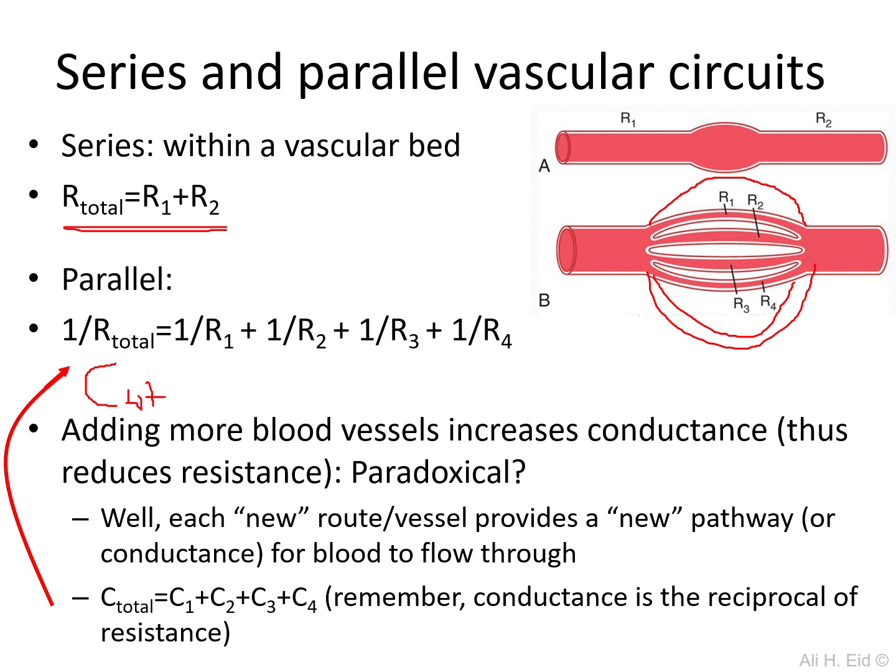Yes, each vessel is going to impart a certain resistance per se, in the sense that blood is passing through it and coming in contact with the endothelia, with the walls. But the overall effect is that we've created more chances for blood to pass through. And this goes back to what I said, that C total is going to be C1 plus C2 plus C3 plus C4, and thus if you keep adding more of these, you are going to create a better conductance.